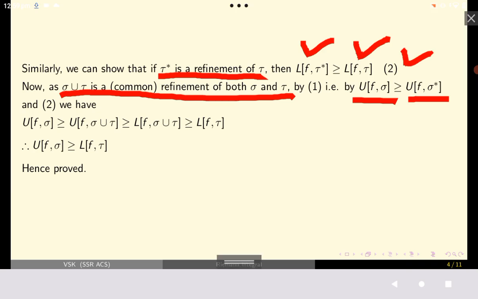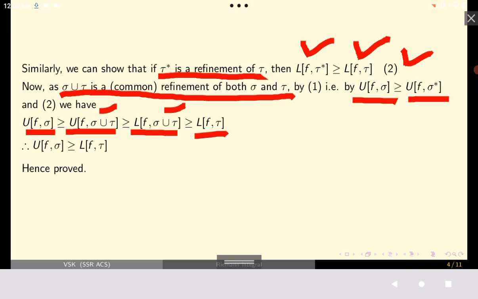Since this is a refinement, we have the upper sum of f with respect to sigma union tau is greater than or equal to the lower sum of f with respect to sigma union tau, because the upper sum is always greater than the lower sum. And because of the second inequality, since this is a refinement, the lower sum of f with respect to sigma union tau is greater than or equal to the lower sum of f with respect to tau.